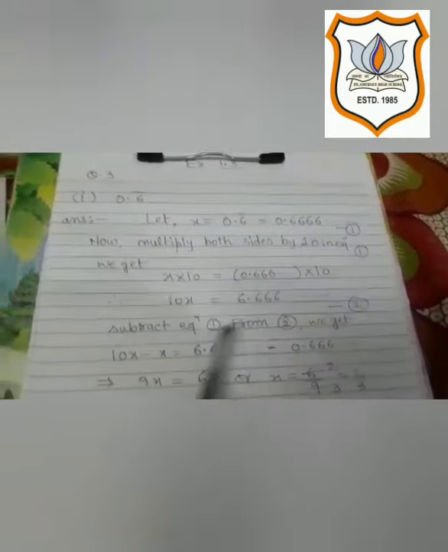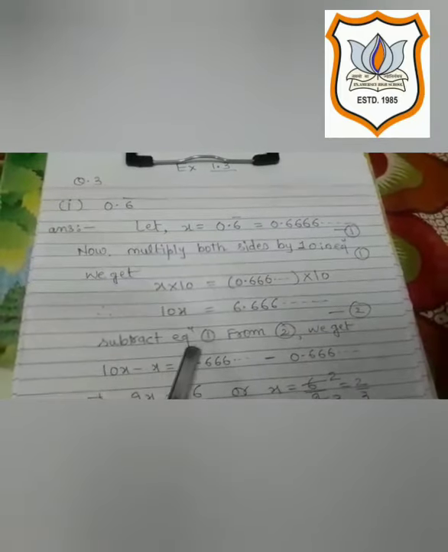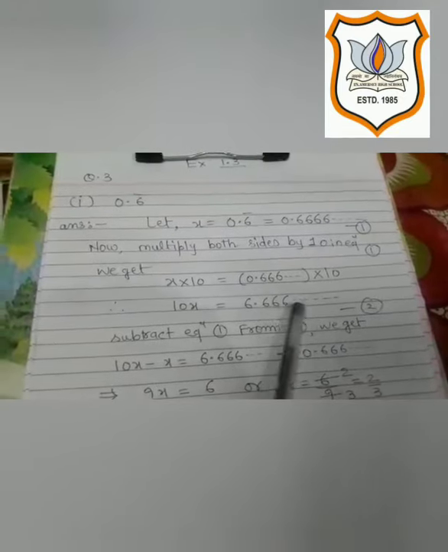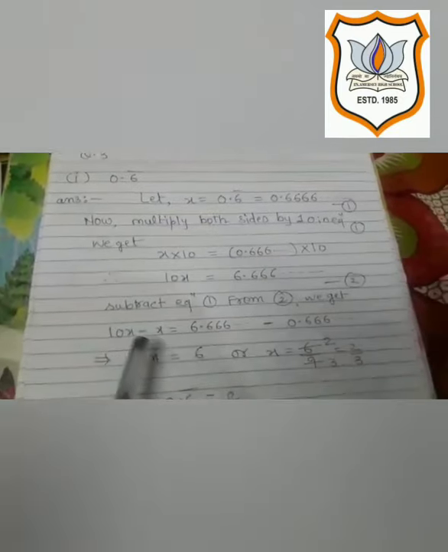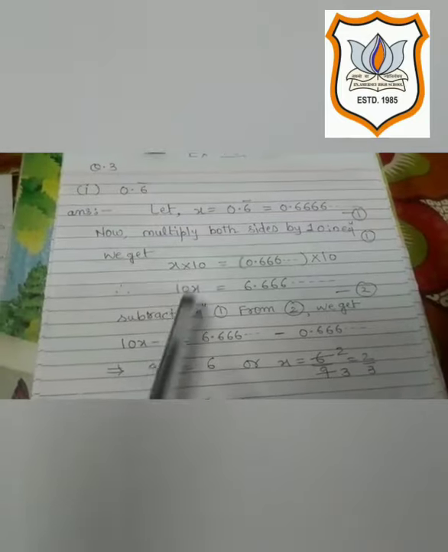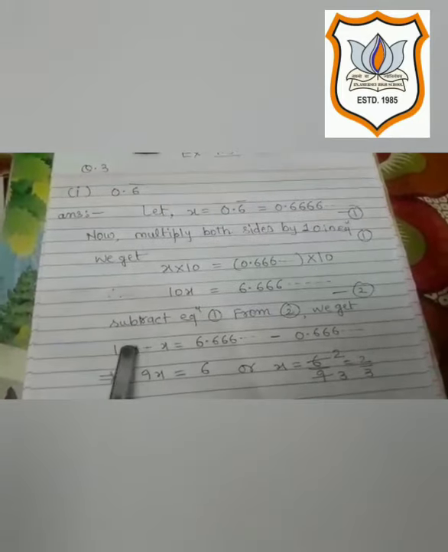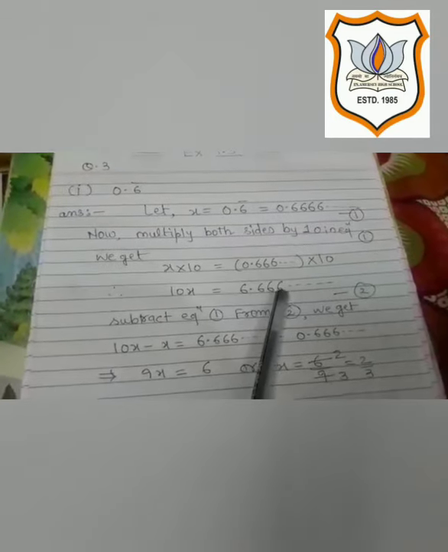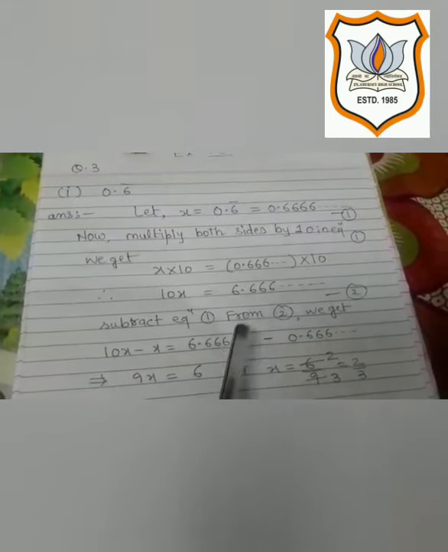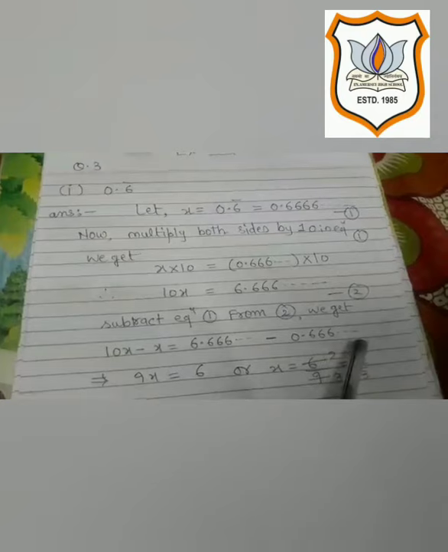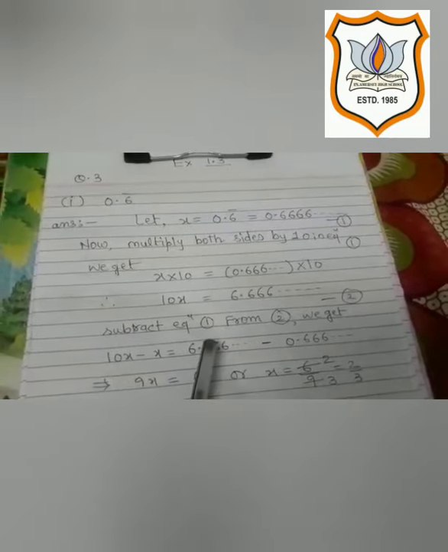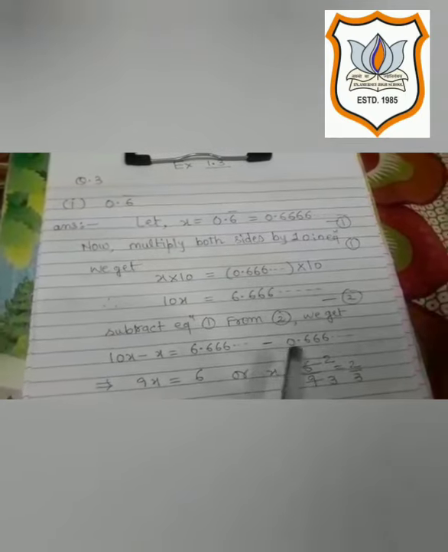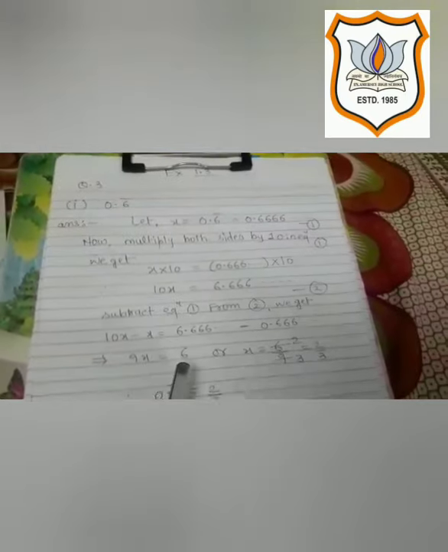Now what we have to do? We have to subtract equation number 1 from equation number 2. Then we will get 10x from equation 2, x from equation 1, 10x minus x is equal to 6.6666 minus 0.6666. And when we subtract 6.666 minus 0.666, we will get only 6.